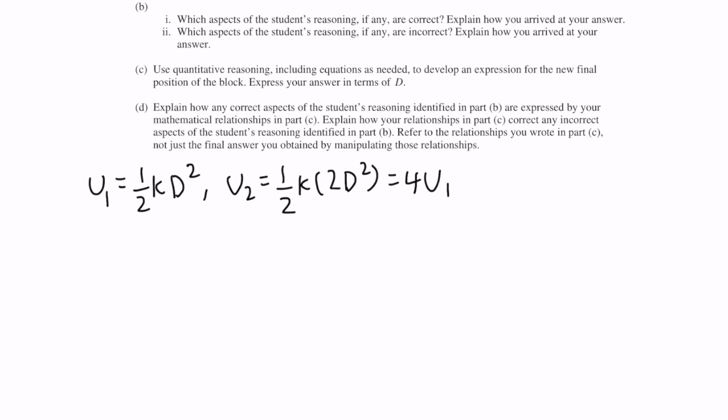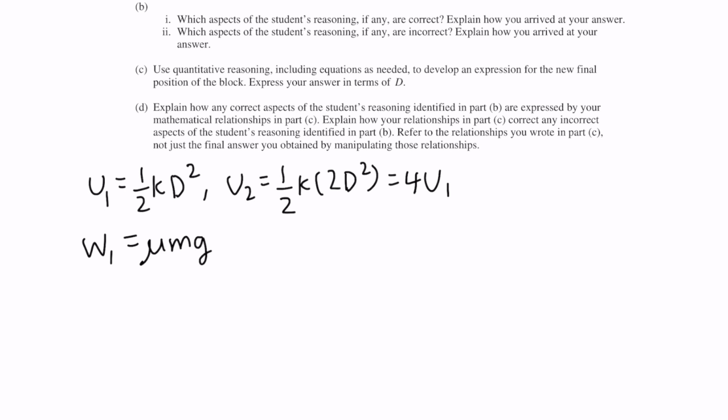And then we know that the work done is equal to the force of friction times the distance that it traveled across the surface. So in the first case, we have W1 equals the force of friction, which is the coefficient of kinetic friction, times the normal force on the block, which is simply its weight in this case.